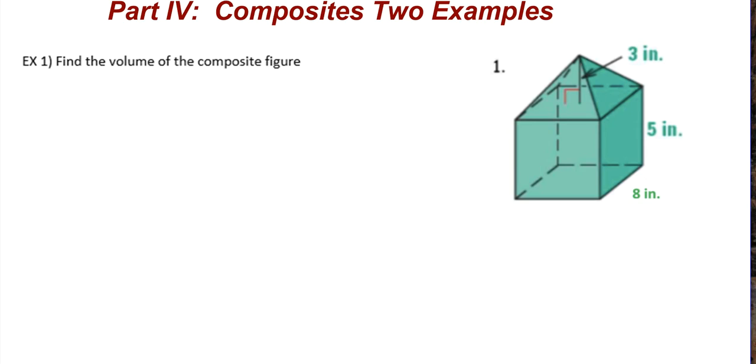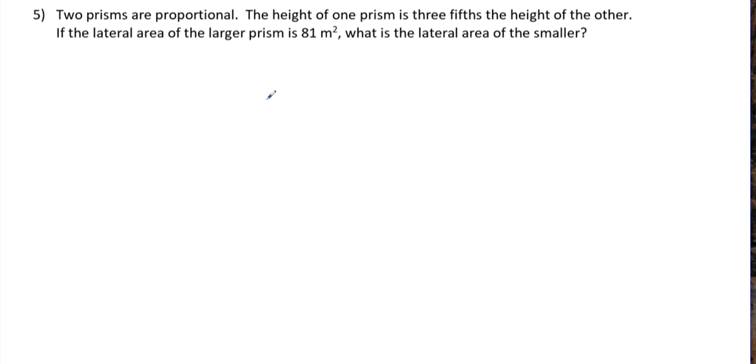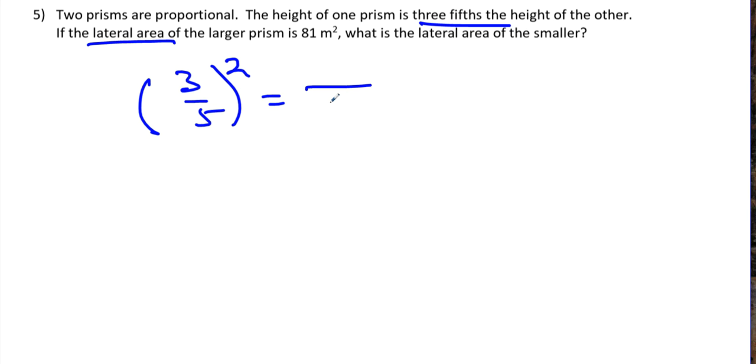Next. Whoa. Last one. So here, 3/5 is my fraction. Now I need to decide if I'm one-dimensional, two-dimensional, or three-dimensional. I am doing lateral area. That's two-dimensional, so I'm going to square it. Okay, small on top, big on the bottom. Area of the larger one is 81, so that goes on the bottom, and I have x on the top.